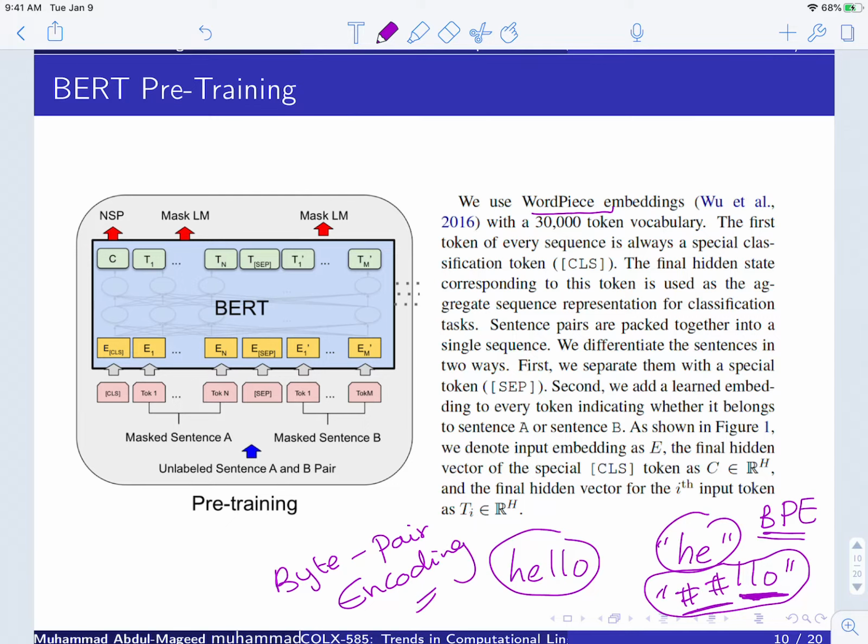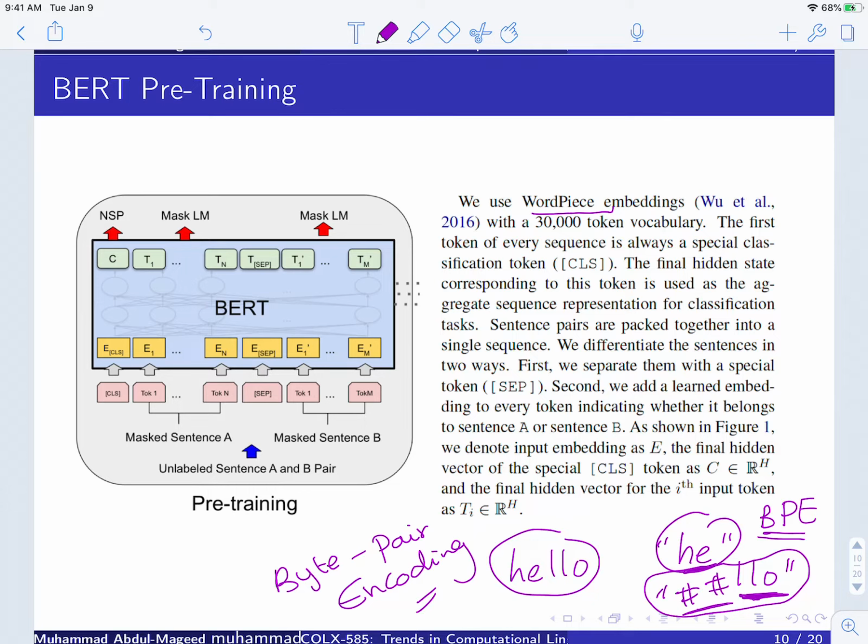Now when we do this, we can work with a small vocabulary, because by splitting words into these tokens, we will be able to capture a lot of words.